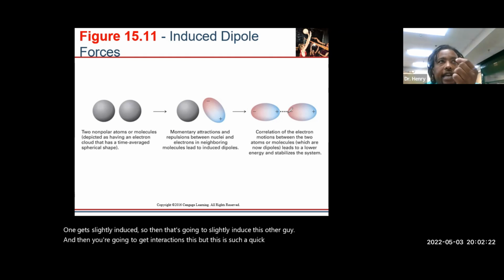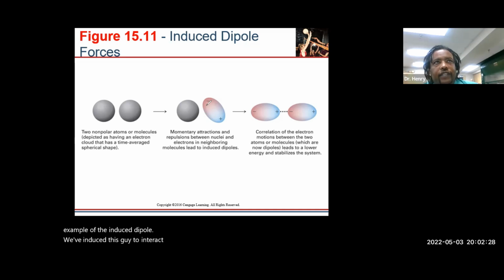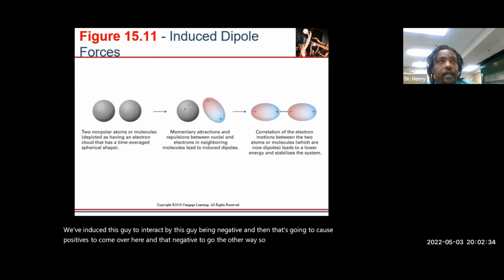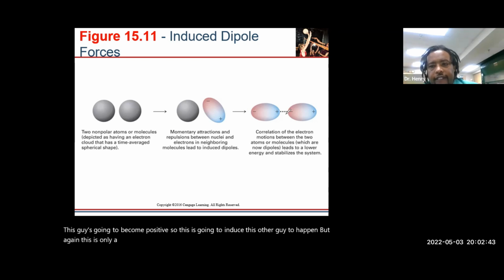So this is the example of the induced dipole. We've induced this guy to interact by this guy being negative, and then that's going to cause positives to come over here and that negative to go the other way. So the electrons are going to go the other way, and this guy's going to become positive. So this is going to induce this other guy to happen. But again, this is only a temporary thing.